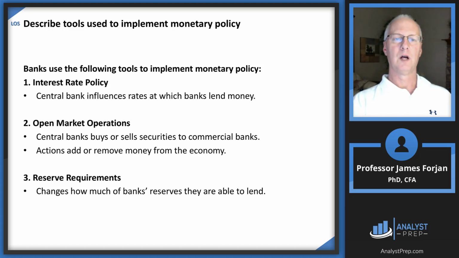The central banks can also use open market operations. Those of you who've been paying attention to what's happened in the United States over the last 10 years will know that the Fed has gone into the Treasury market. They bought up tons and tons of Treasury bonds. They've also gone out and bought up tons and tons of mortgage-backed securities and other long-term securities. And what does that do?